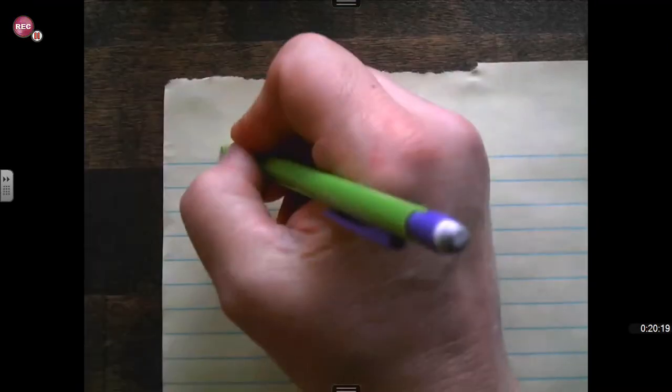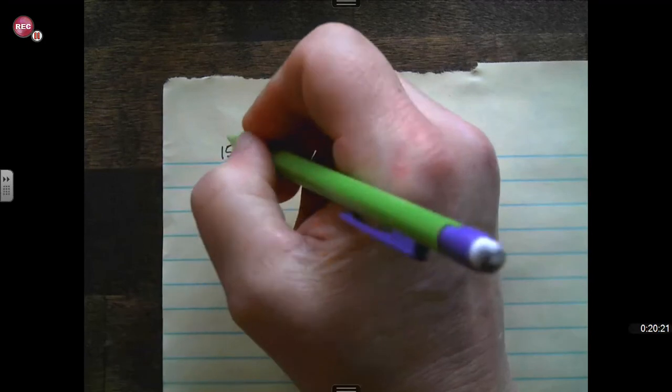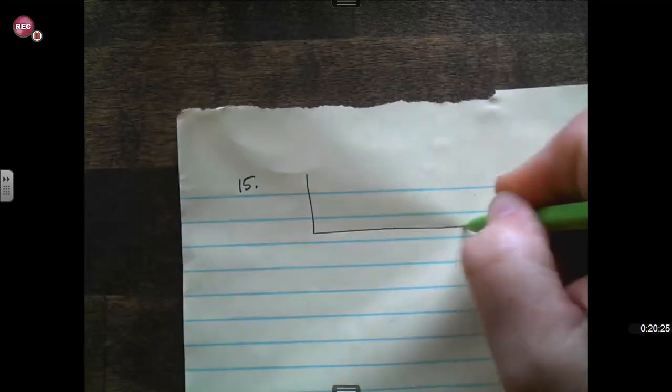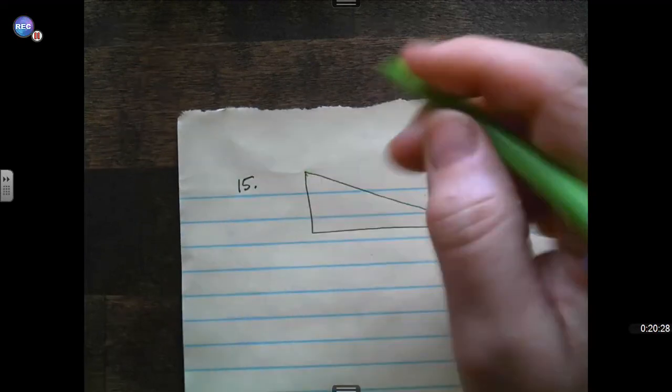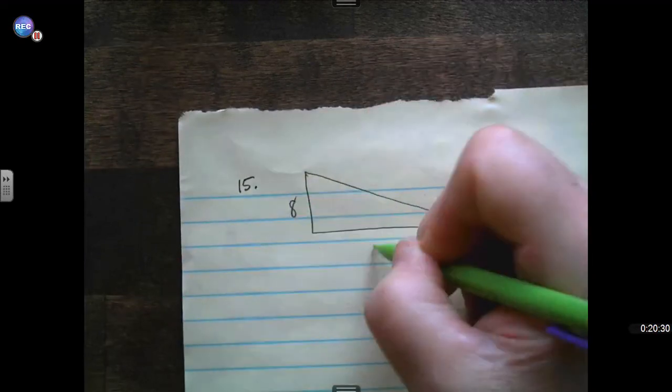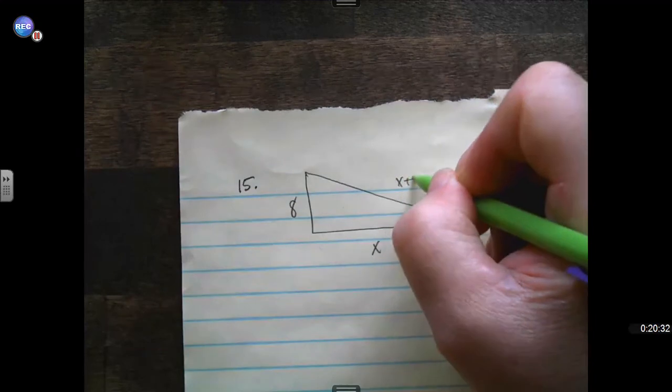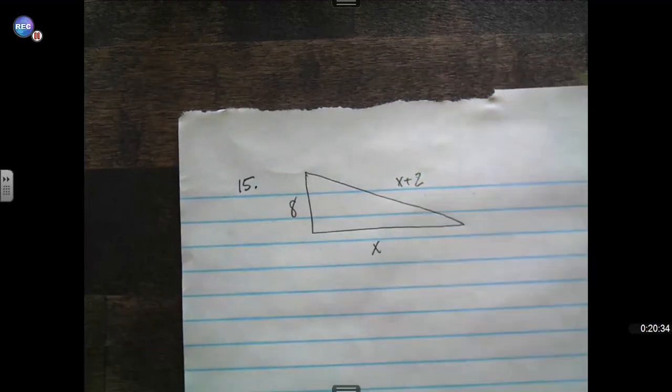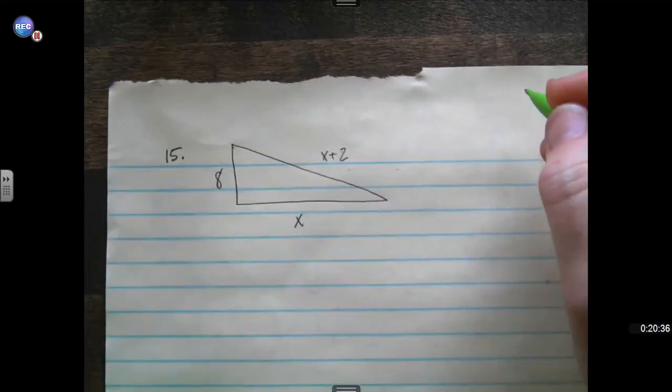Number 15 is that triangle. And it is a right triangle. And this is 8. This is x. This is x plus 2. So obviously we're going to use the Pythagorean theorem.